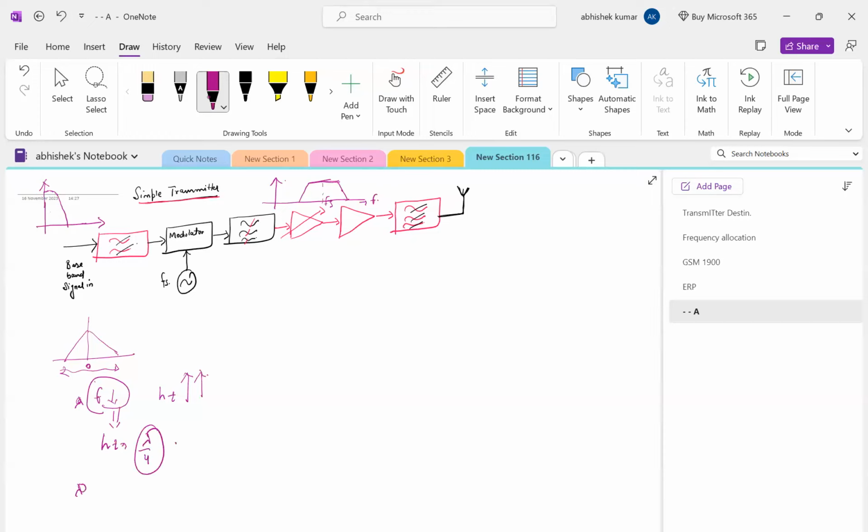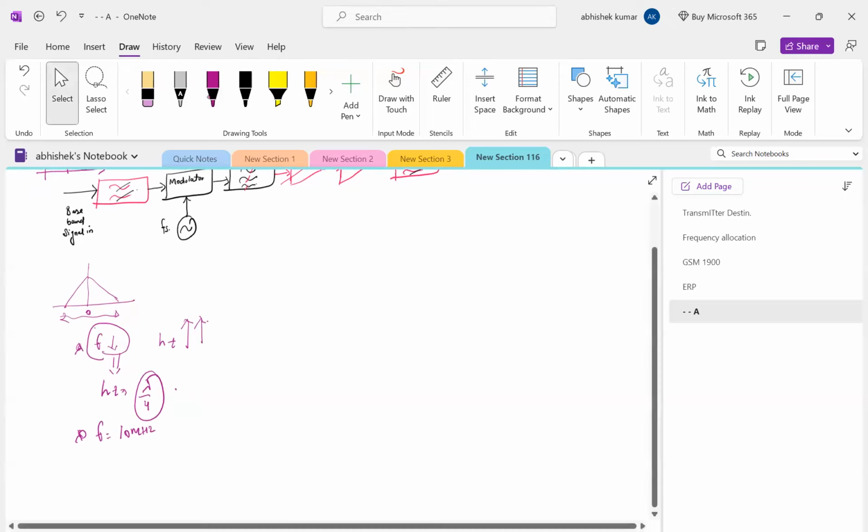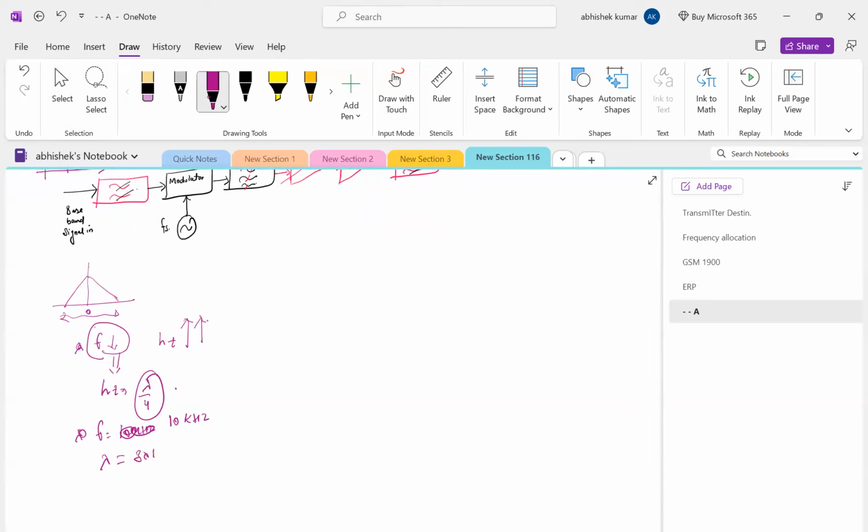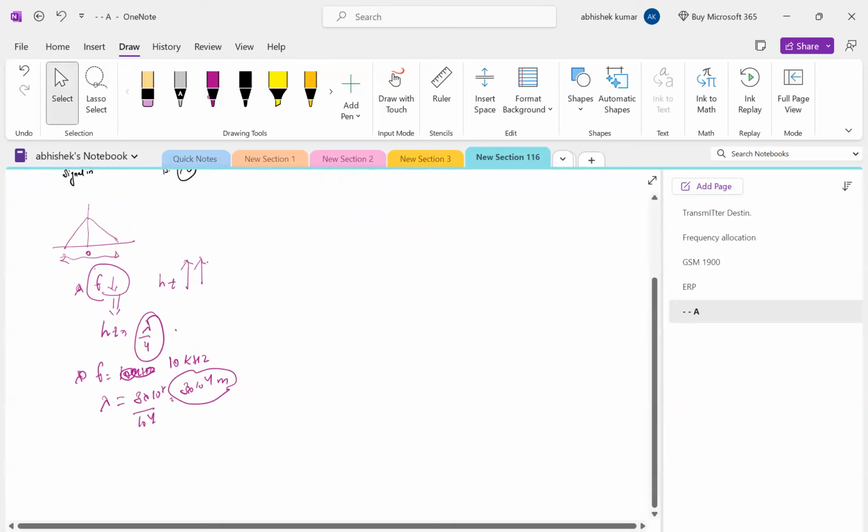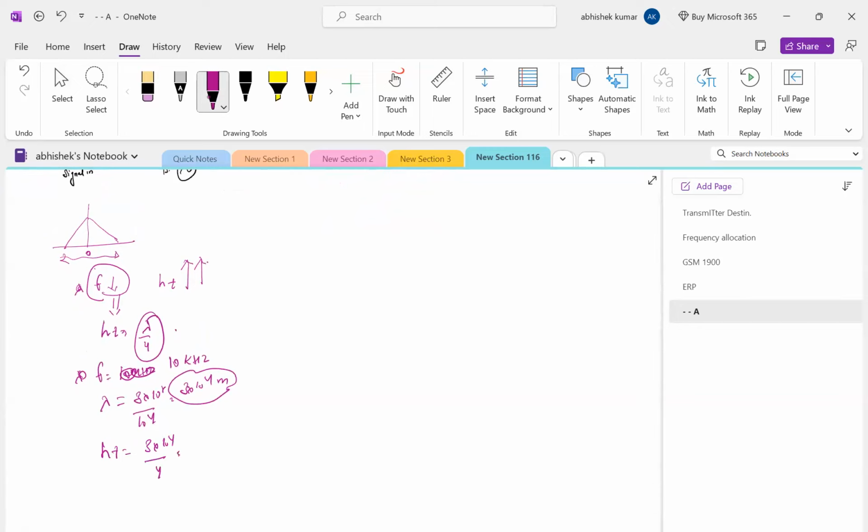If my frequency is, say, 10 kilohertz, then lambda will be 3 into 10 to the power 8 divided by 10 to the power 4, which is 3 into 10 to the power 4 meters. So the height of the antenna should be 300 into 10 to the power 2 divided by 4, around 75 kilometers... a very big number for the antenna.